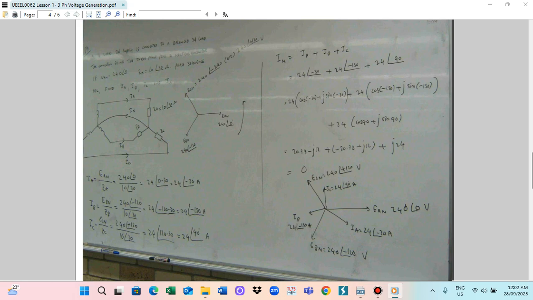if VAB is 240 angle 0 and VBC is 240 angle minus 120 volt, using a phasor diagram, find the value of VAB plus VBC.